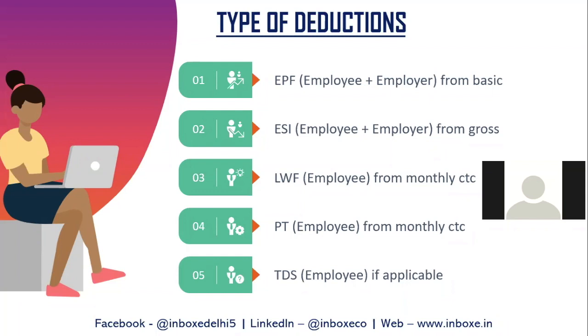So the actual calculation is 12% of your basic salary. Suppose your basic salary is 30,000, then your calculation will be 12% multiplied by 30,000. The amount which you receive, both the employee and the employer will contribute equally. Now we'll move to ESI.